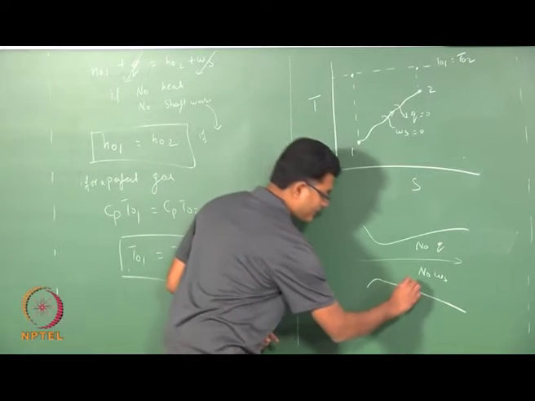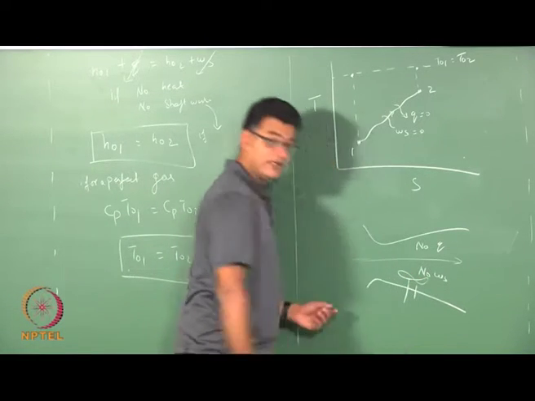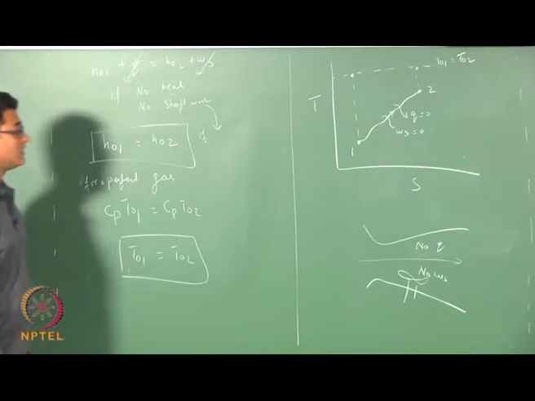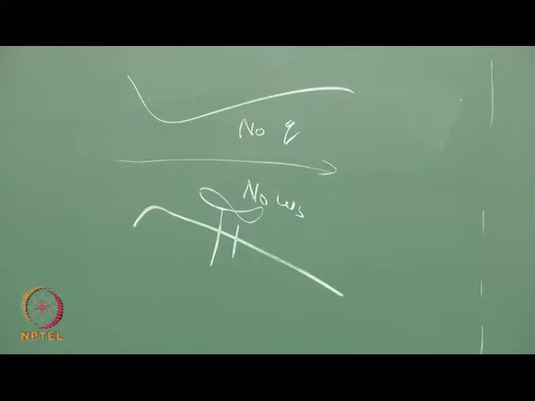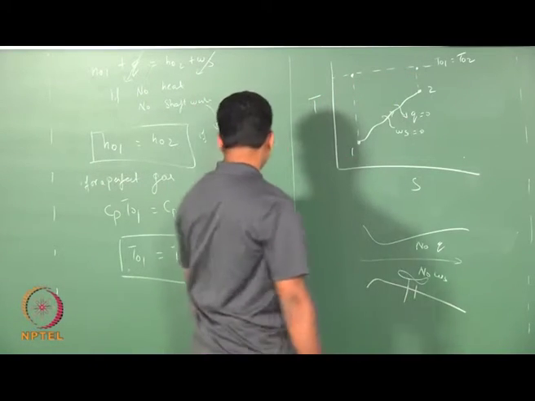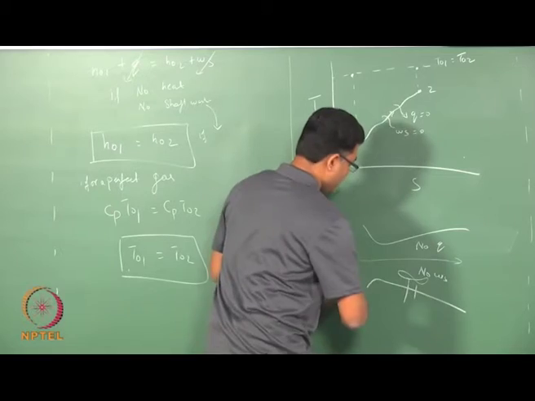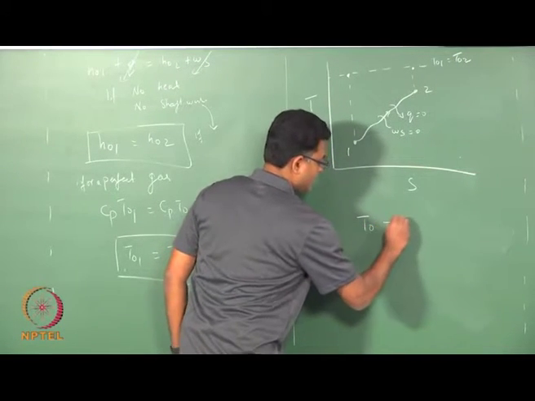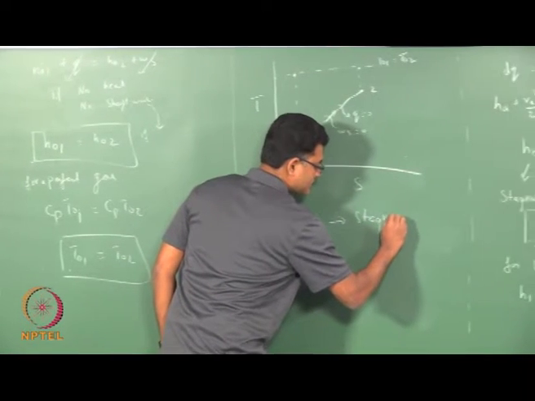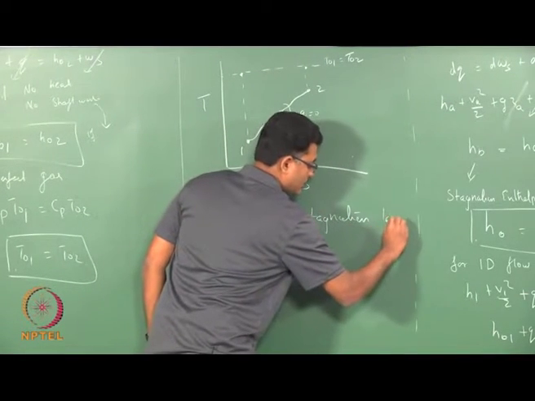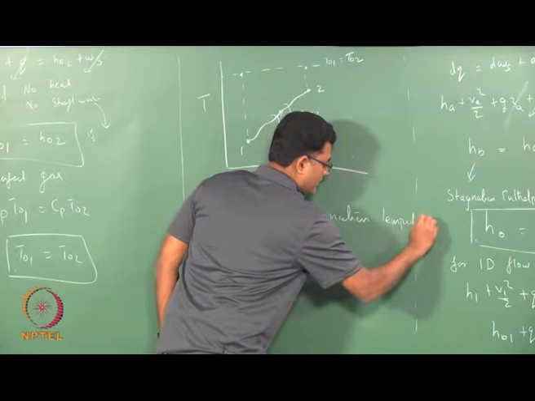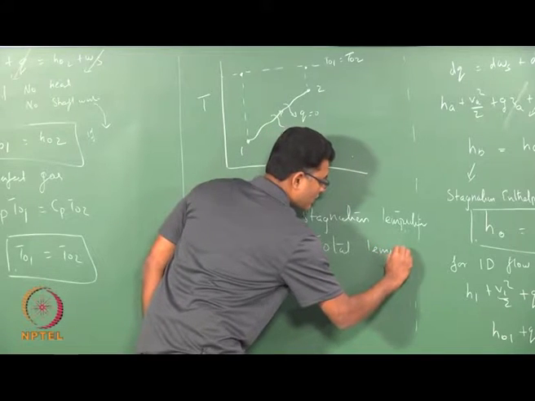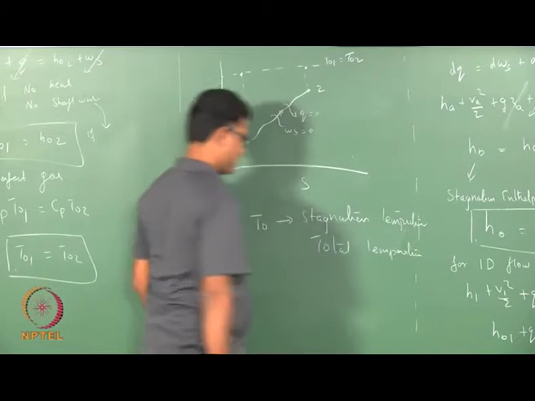But if I have a propeller here, I cannot assume this. That is the meaning of constant stagnation temperature. There is no loss in stagnation temperature. So this T01 or the T0 is called your stagnation temperature or your total temperature. Okay.